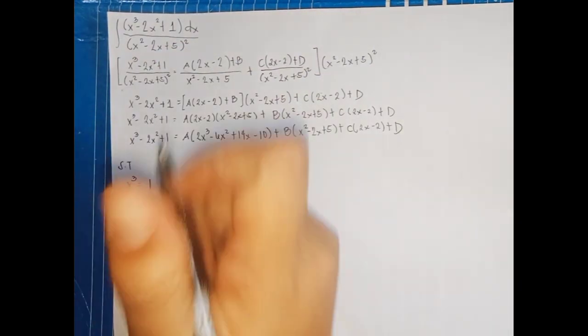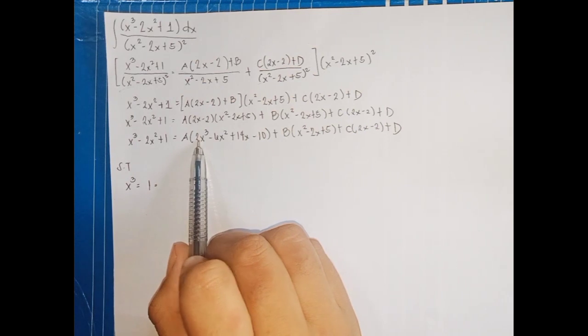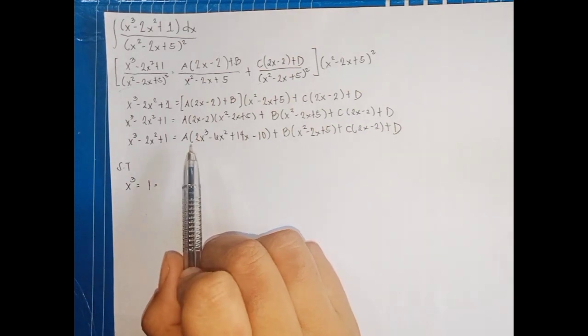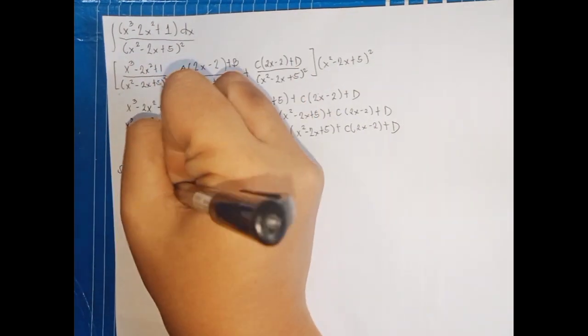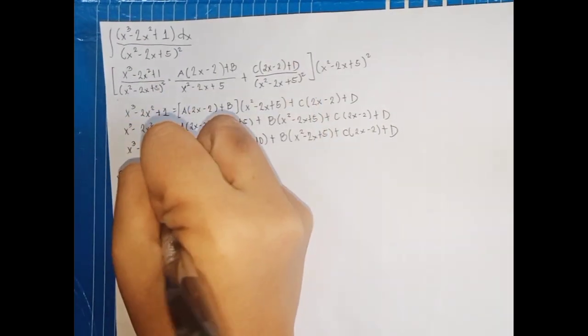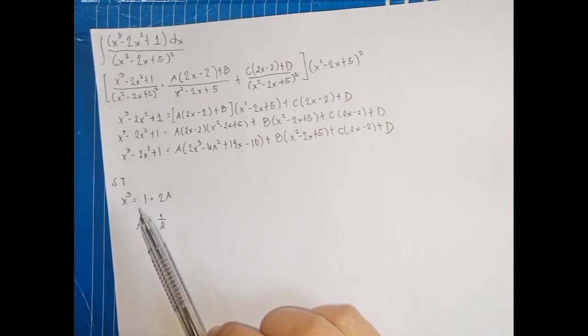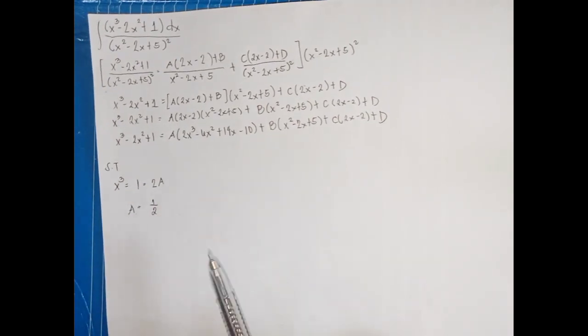We have 1 here is equal to, we have 2 here, that's why we will write here 2a. So our a will be 1/2 because this one will be our numerator and the 2 will be our denominator.